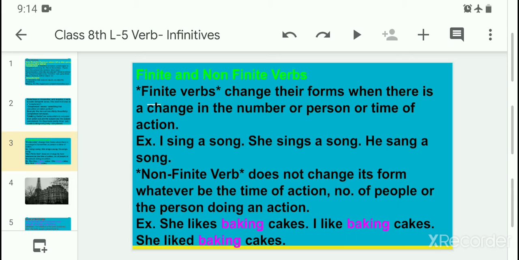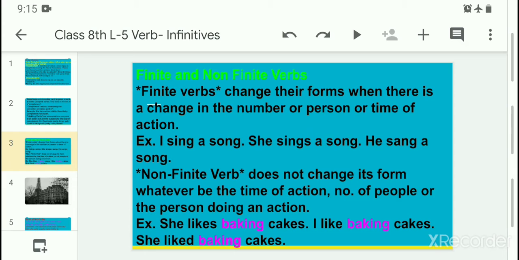How many persons are doing the same work, singular or plural? Number of persons, first person, second person, third person, and time of action means present tense, past tense or future tense, right? So for example, I sing a song.